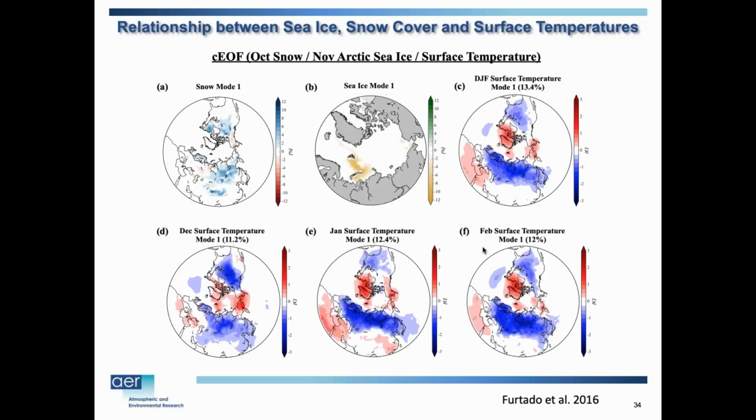And that was for sea level pressure, now looking at temperatures. You get the same modes, the high snow cover in Siberia, low sea ice in the Barents-Kara Sea, you get cold temperatures throughout Eurasia, but also Eastern North America. This is for the different months, there's some variability, but really the key takeaway is that you get this very canonical AO pattern.